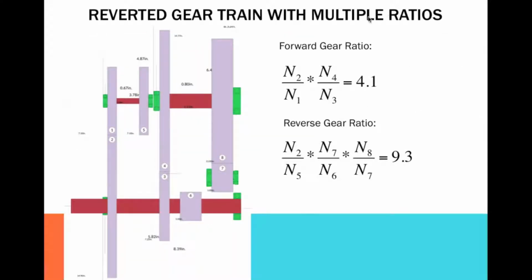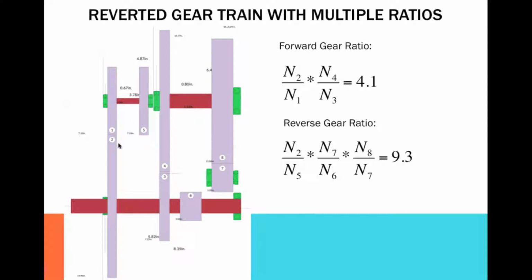Now, the whole purpose of what we are going to be doing in this series is designing a reverted gear train with multiple ratios, so basically multiple gears. Like in a 5-speed car, you have 5 speeds. Those are all different gear ratios that your transmission can achieve.